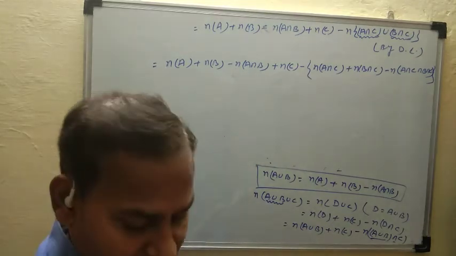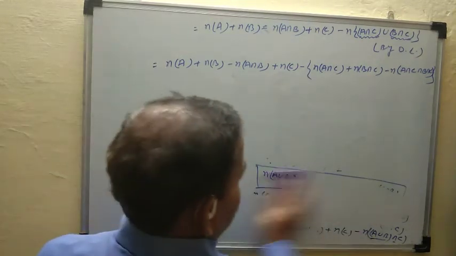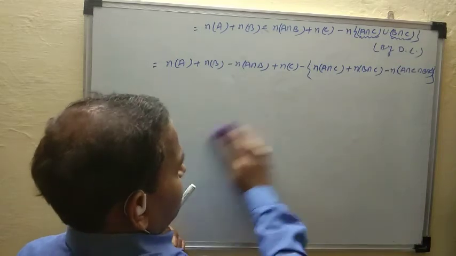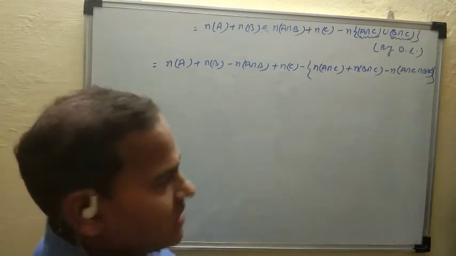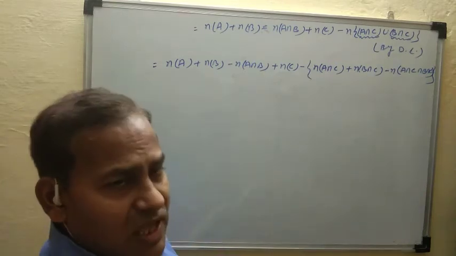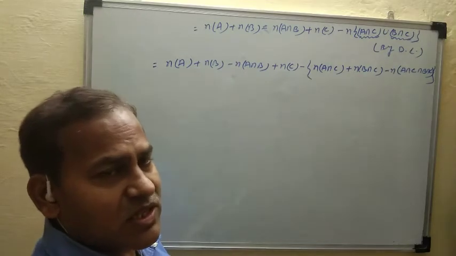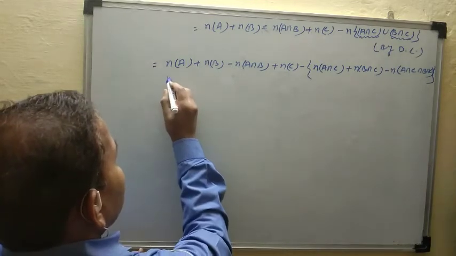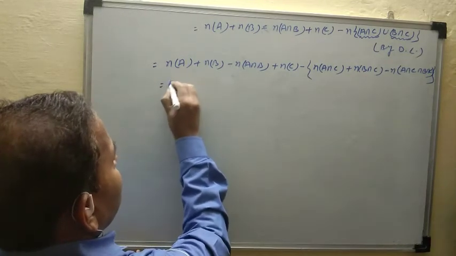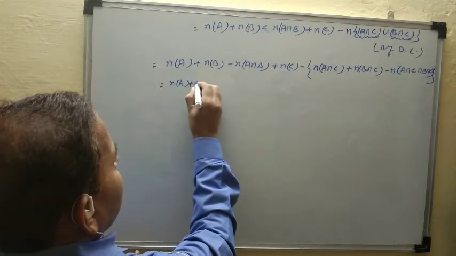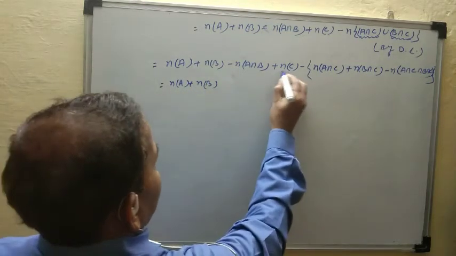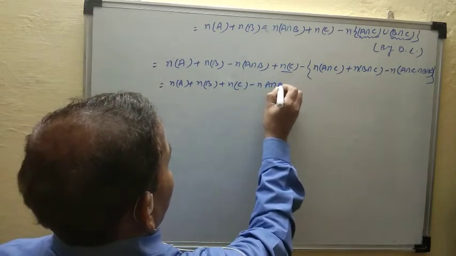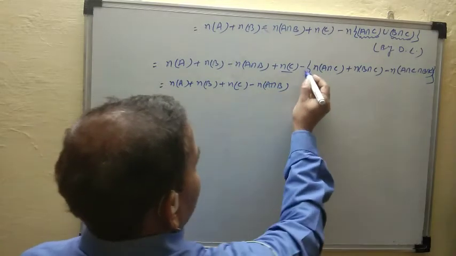So this is the formula. Now simplify, open the bracket, and you know that A intersection A is equal to A, C intersection C is equal to C. So this equals number of A, then number of B, then write number of C, minus number of A intersection B, open the bracket.